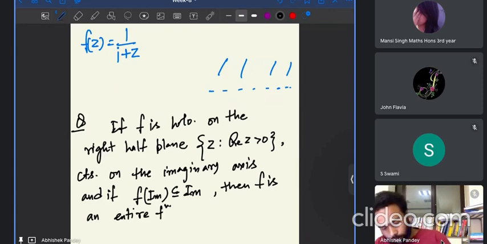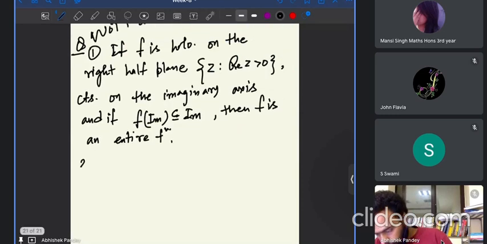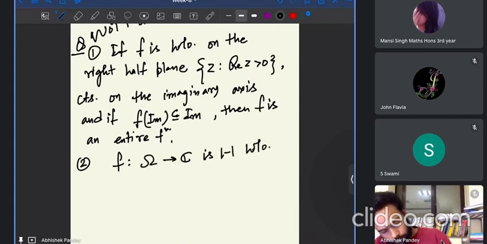Which of the following are true? This is the first statement. Second is f from omega to C is a one-one holomorphic map, then f is a closed map.